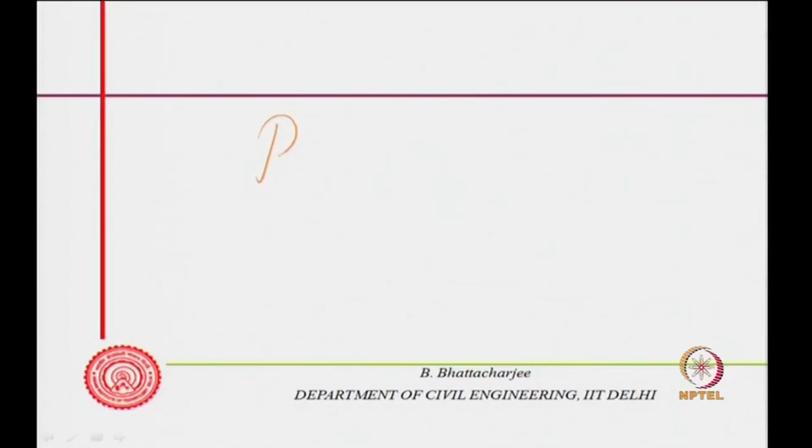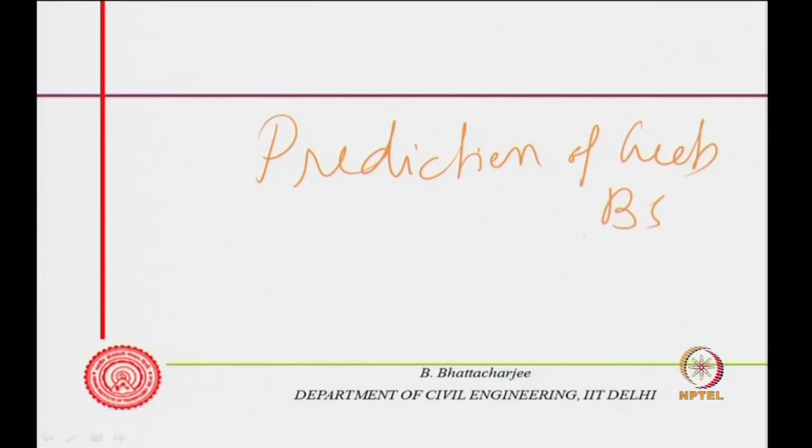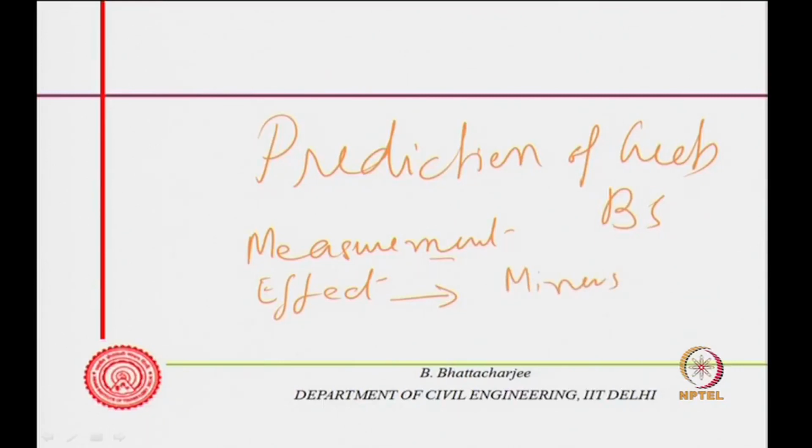First of all, we looked into prediction of creep, then we looked into measurement, then we looked into effects, and in the process of course, we also looked into the relationship to fatigue, Miner's rule, etc. And lastly, an introduction to shrinkage. So, this is what this class was related to.